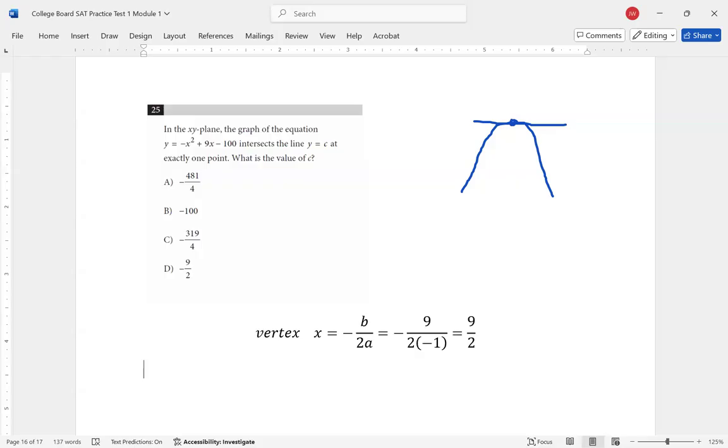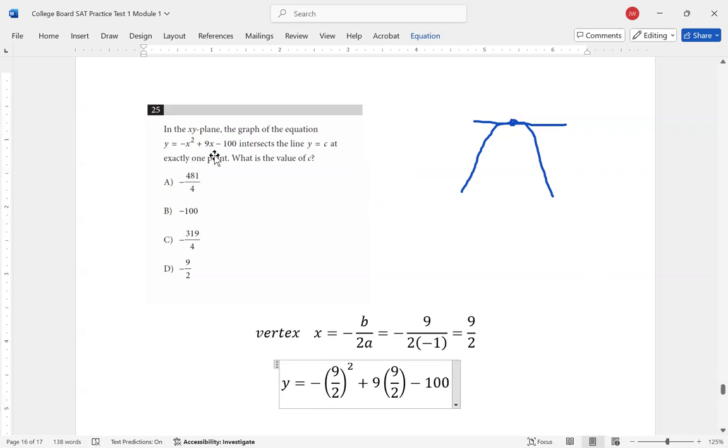Well, if the vertex has x value of 9/2, what is the y value of the vertex? Well, I can find that by just plugging in 9/2 into this equation. So we take negative 9/2 quantity squared plus 9 multiplied times 9/2 minus 100.